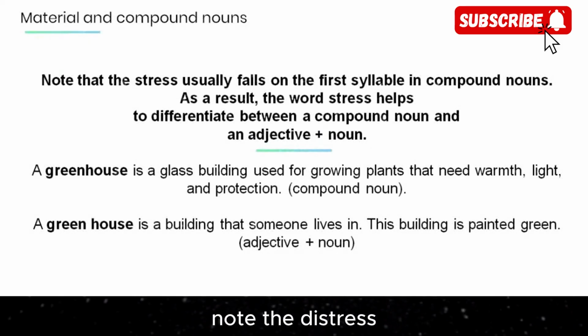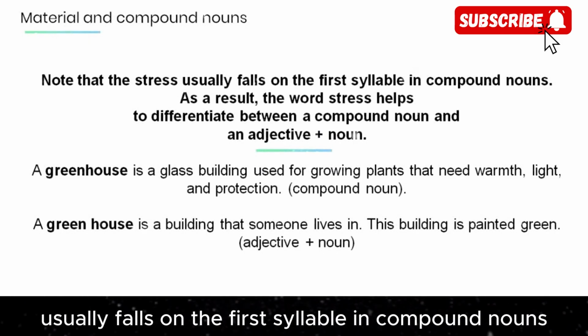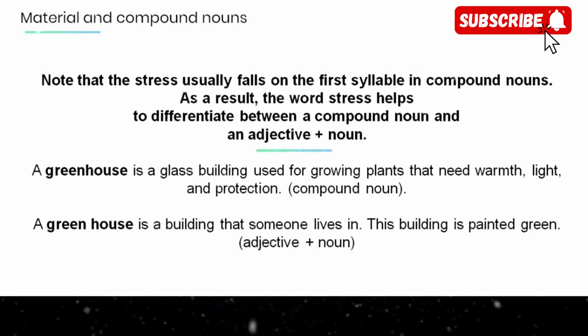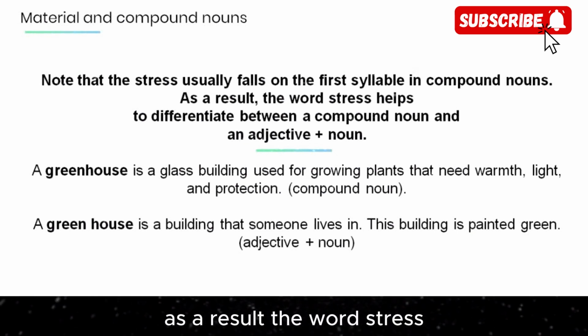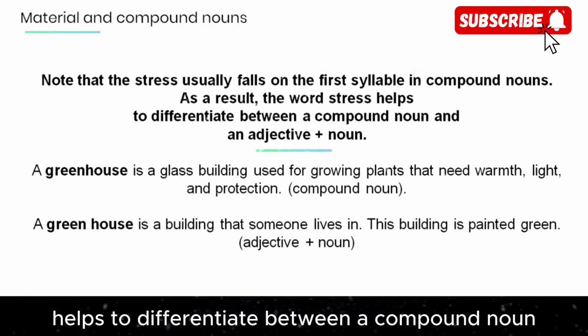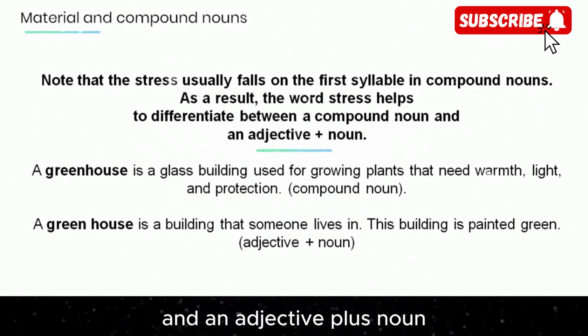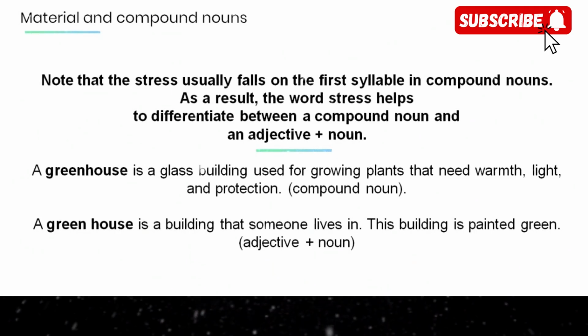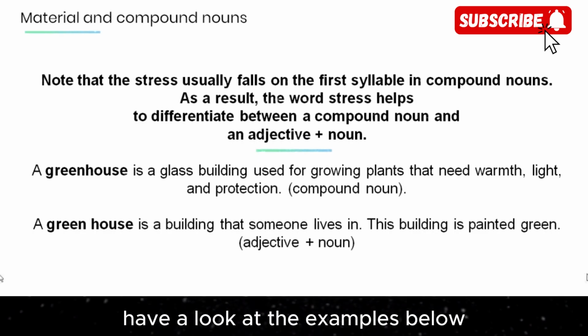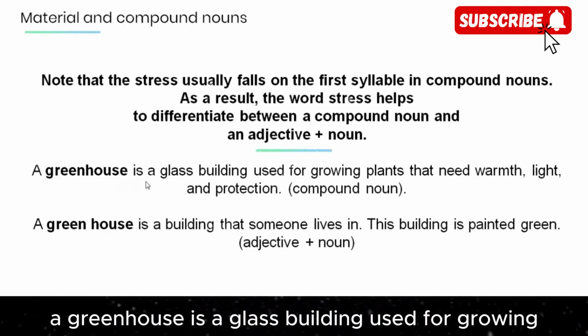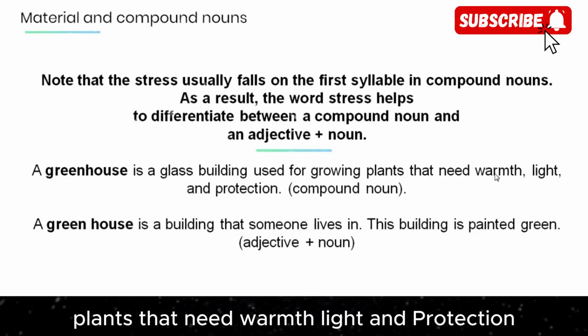Note that the stress usually falls on the first syllable in compound nouns. As a result, the word stress helps to differentiate between a compound noun and an adjective plus noun. Have a look at the examples below. A greenhouse is a glass building used for growing plants that need warmth, light, and protection.